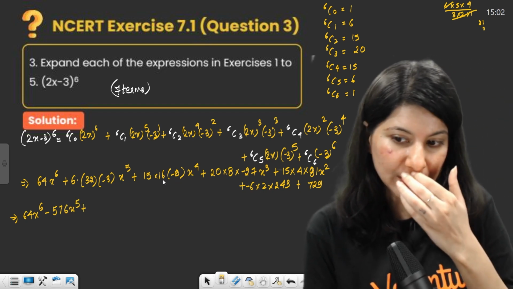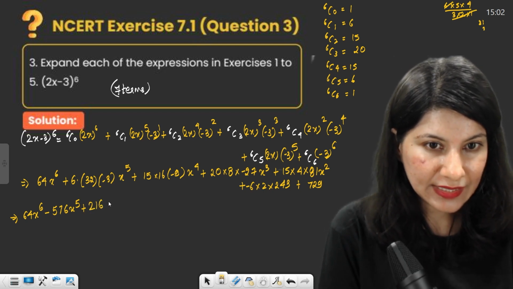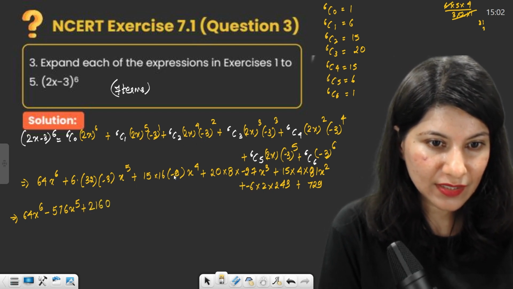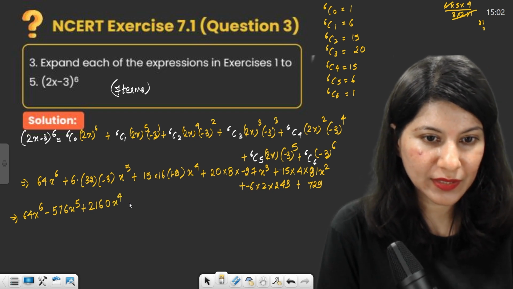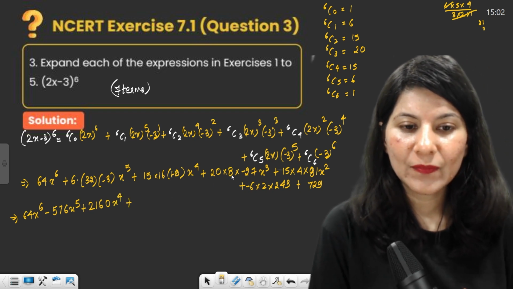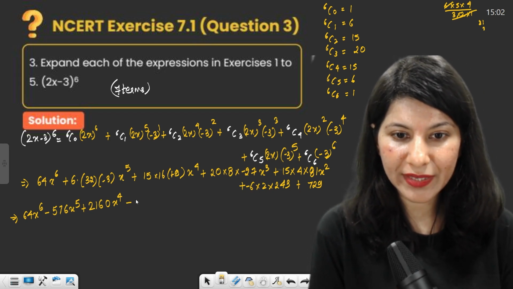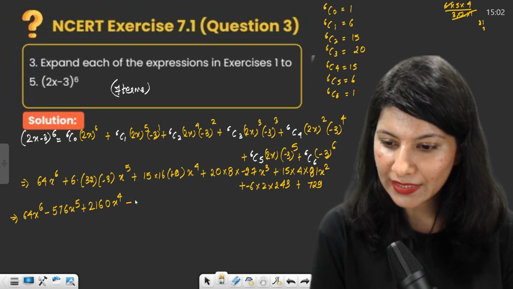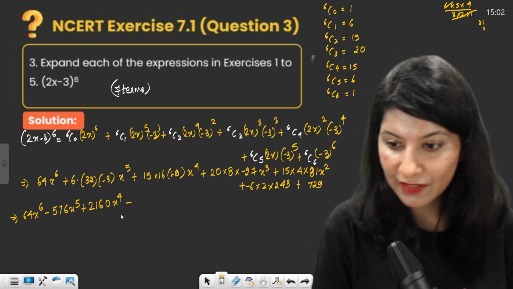Now 15 into 16 into minus 9 will give you 2160. And by the way, this is a positive sign, right? Plus x raised to power 4. Correct. Plus, again, now this time it is negative. 20 into 8 into 27x cube. Hold on. It is 4320.